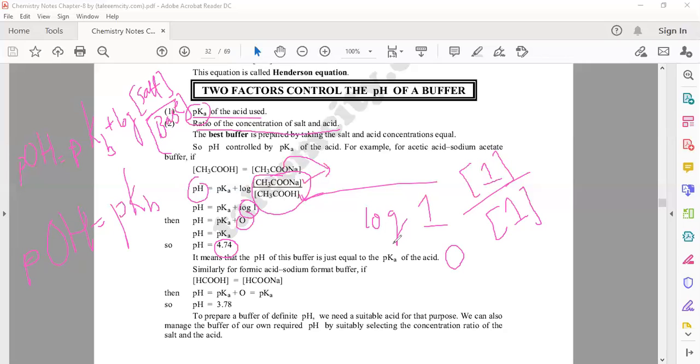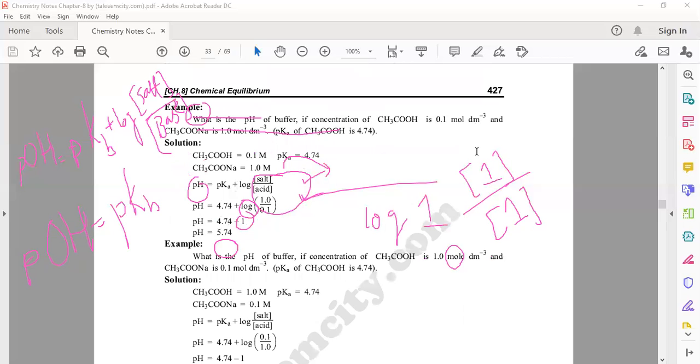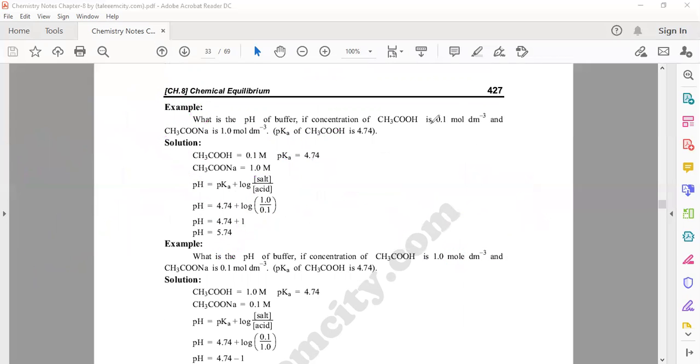Next, if we are going to change the concentrations, in this example we have taken the same concentrations of salt and acid. Instead, if we take different concentrations of acid or base, then what will happen? Let's see. In our example 1, we are taking the concentration of salt 10 times that of the acid.